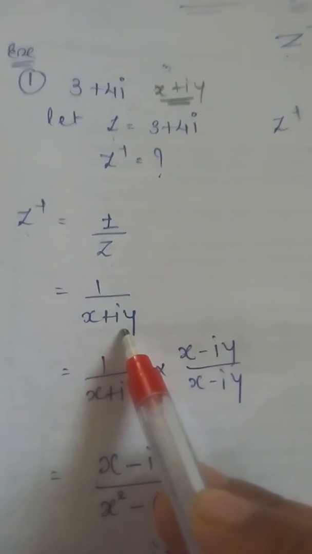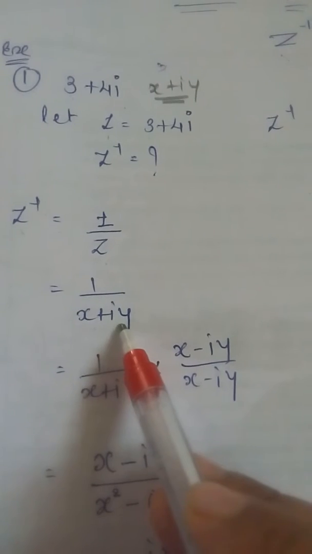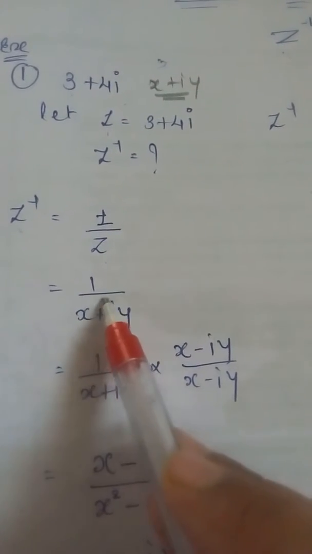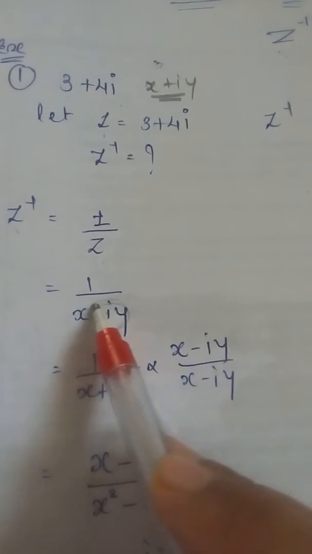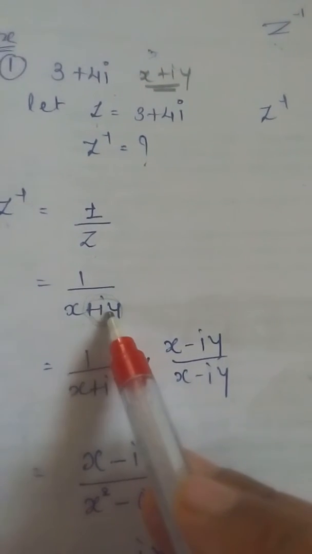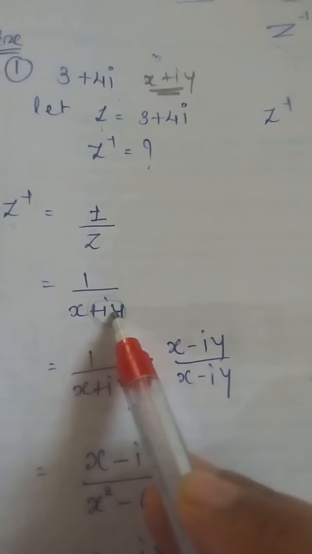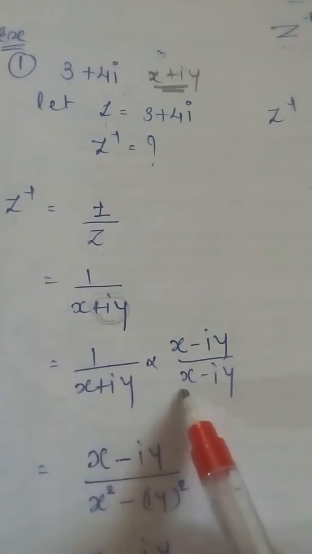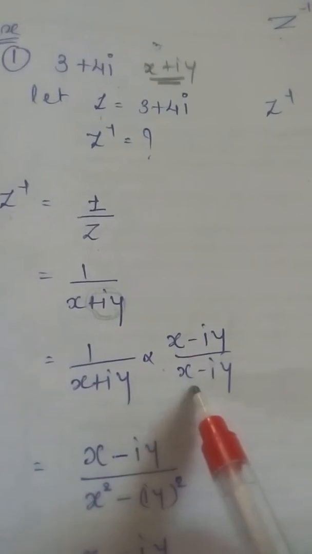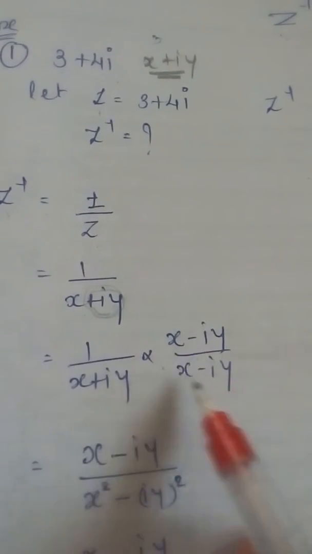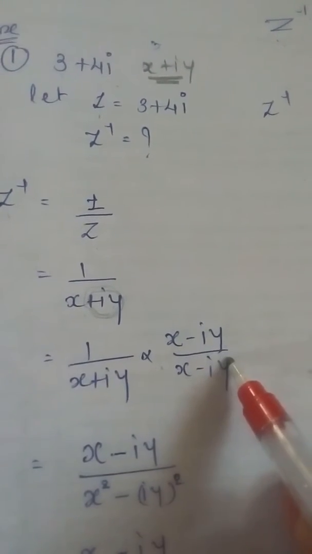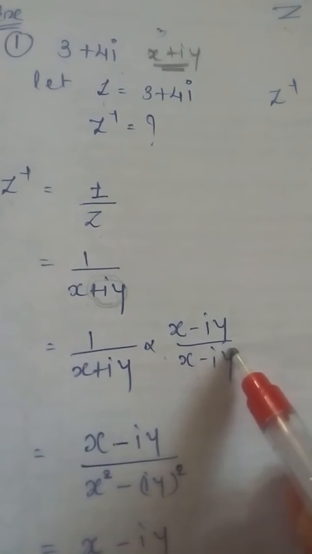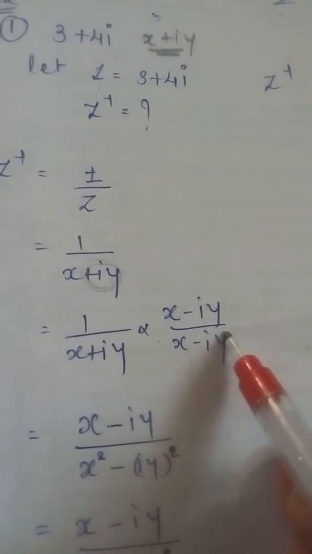As we have studied earlier, if we have a complex number in a denominator, then we need to remove the imaginary part. To remove the imaginary part, we do conjugate multiplication and division, as we have already studied in division.